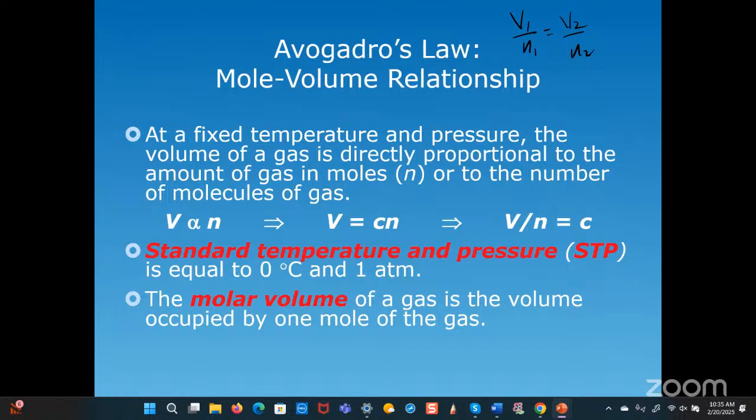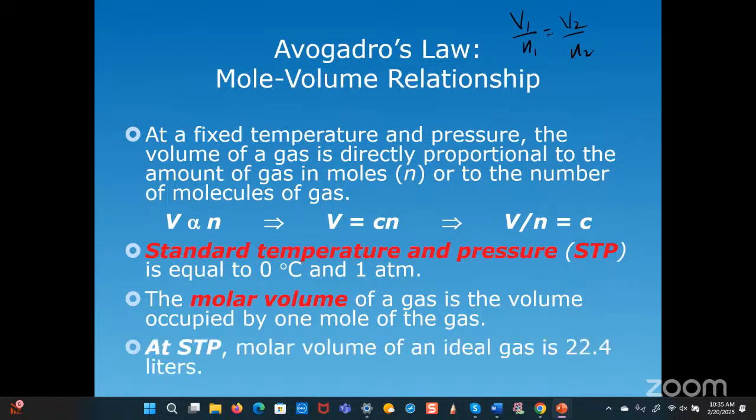And under STP conditions, it can be shown by calculations that the molar volume of what we call an ideal gas is equal to 22.4 liters for every mole of the ideal gas. Later on, we're going to talk about the difference between an ideal gas and real gases.